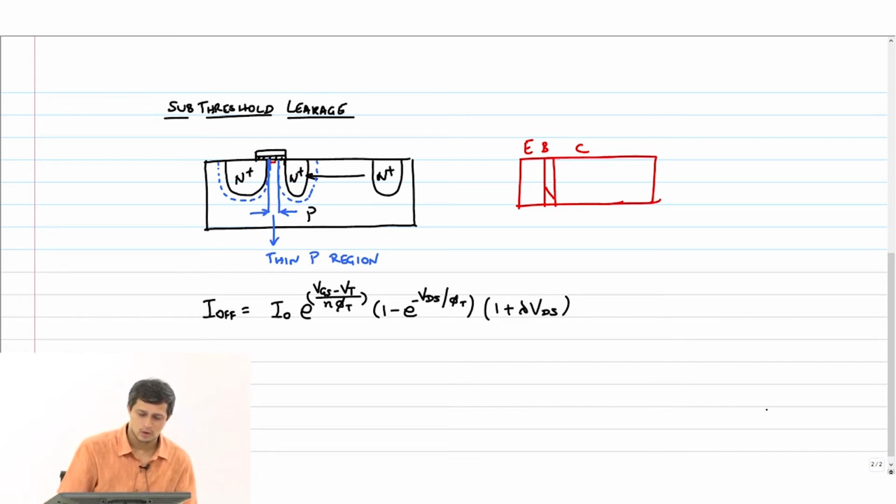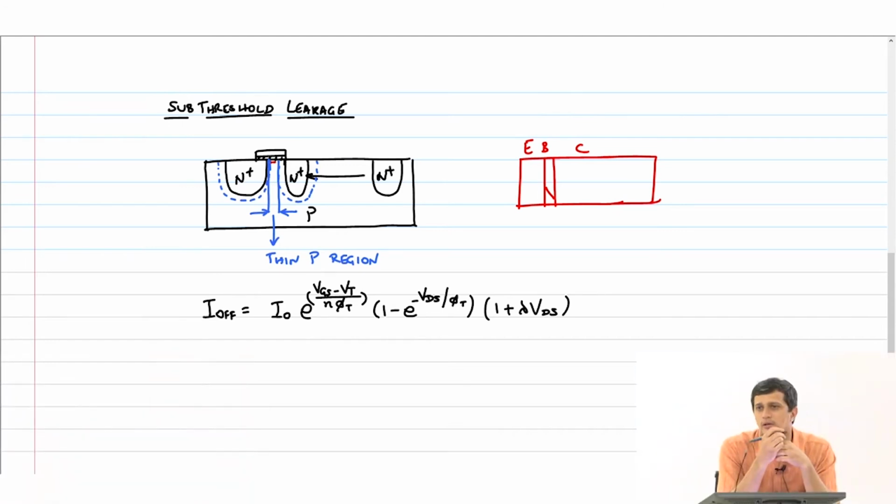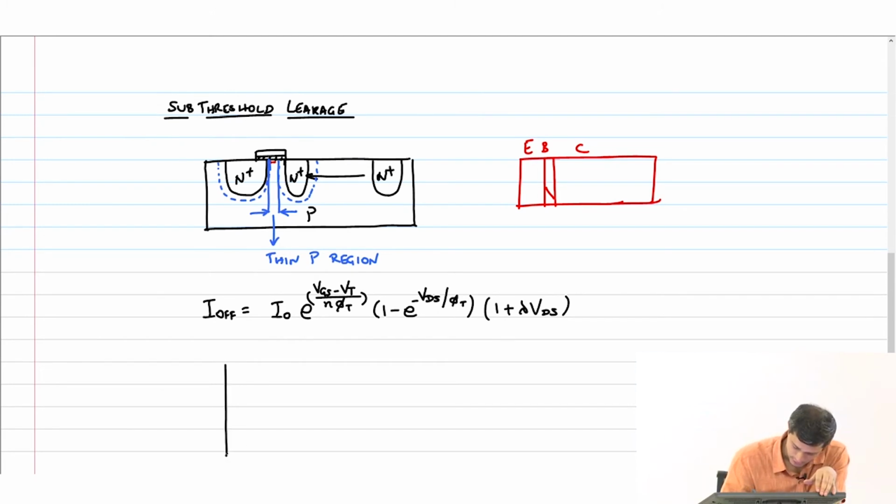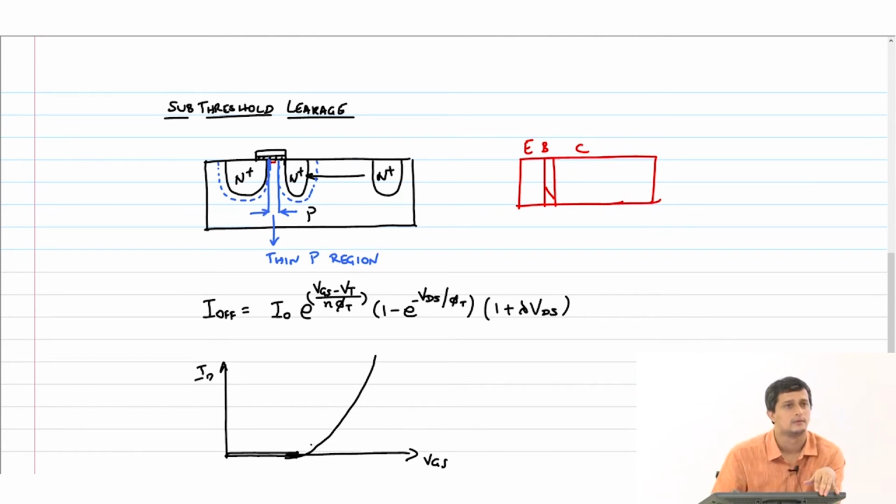So what is the model of a transistor that we envisioned? We said that basically if VGS was 0 or up to a point, right? If you look at your ID versus VGS, we wanted the current to be 0 up to some point, and then it starts going up, right?